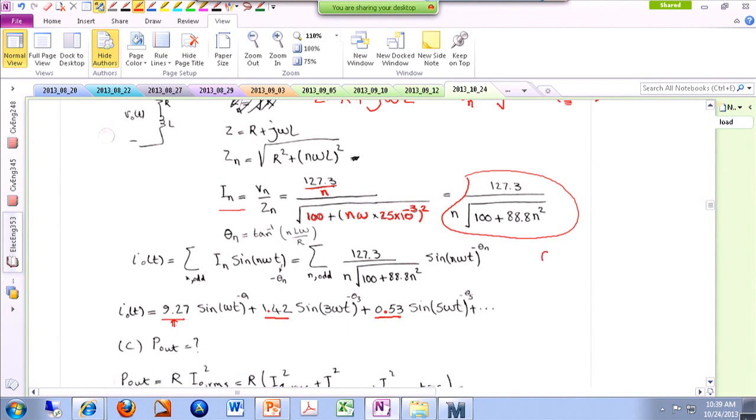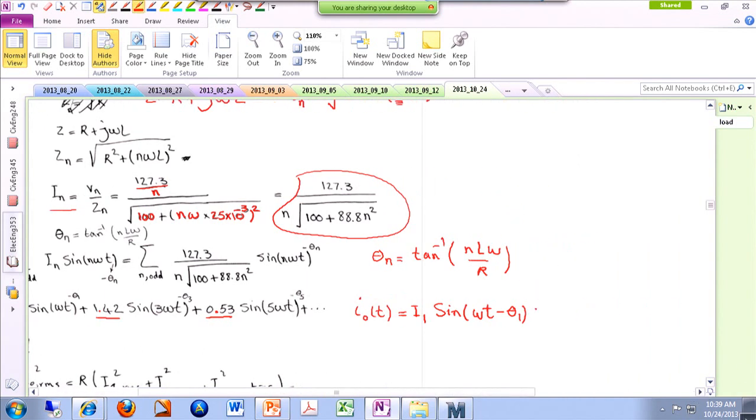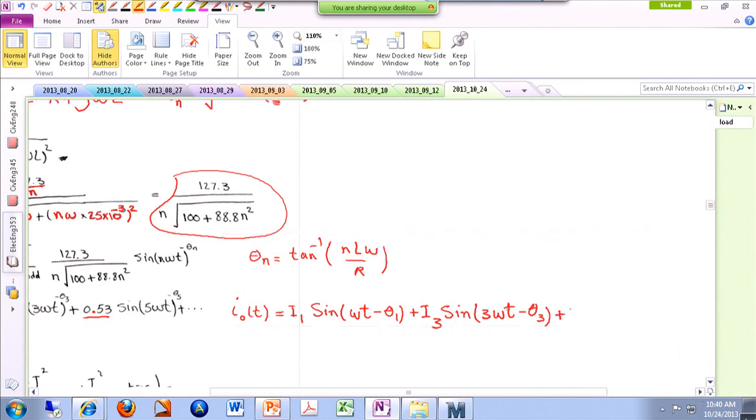But if you want theta n, which is the phase shift of these components, it is the inverse tangent of n L omega over R. So if I really want to write a clean i out, it would be I1 sine of omega t minus theta 1, plus I3 sine of 3 omega t minus theta 3, plus I5 sine of 5 omega t minus theta 5.